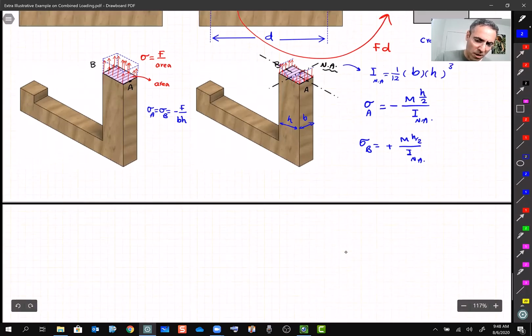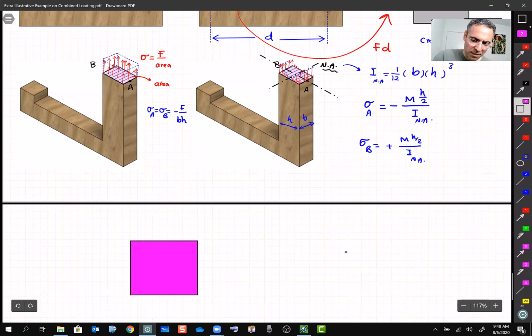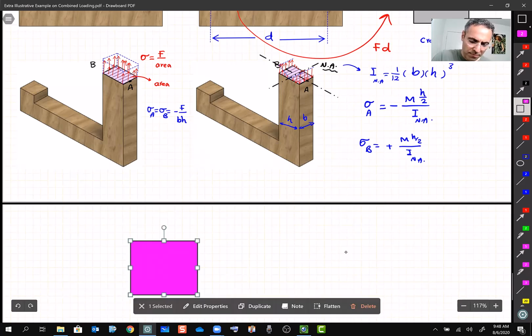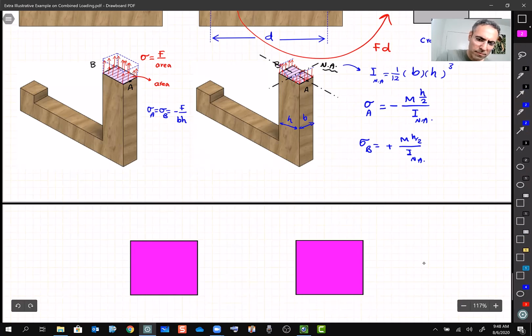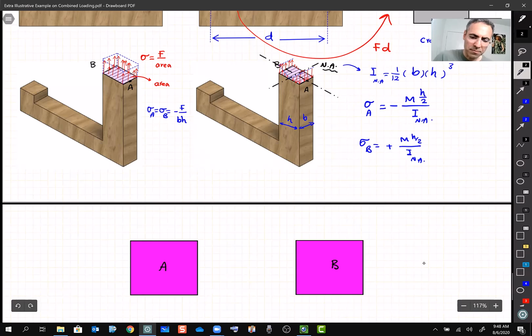So we want to draw the stress element for A and for point B. So this is point A. And let's say this is our point B. So A, B, all right?